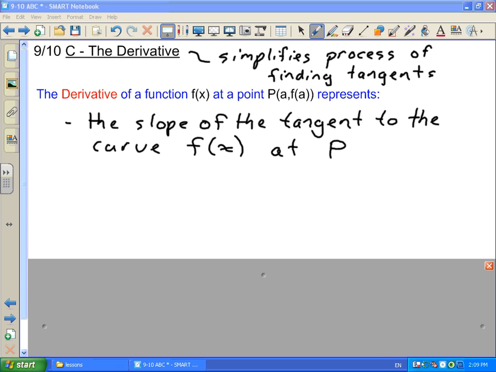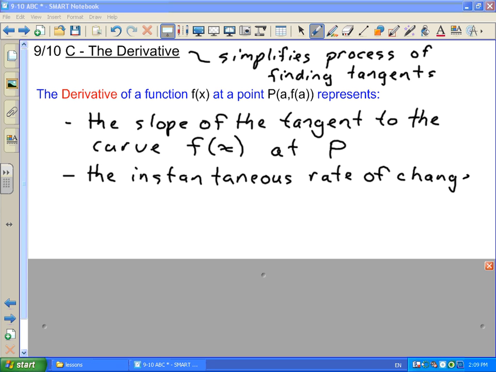The other way of interpreting derivatives is that they represent the instantaneous rate of change of this function, okay, so of the function f at x, and it's changing.